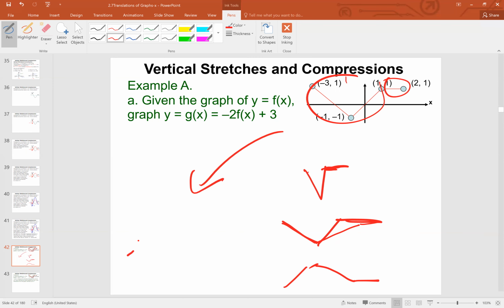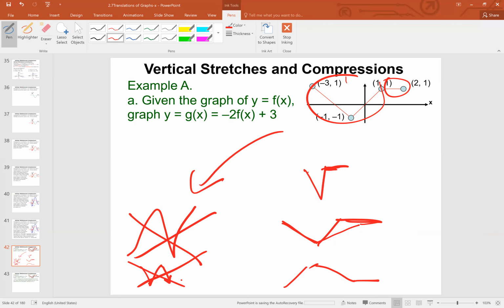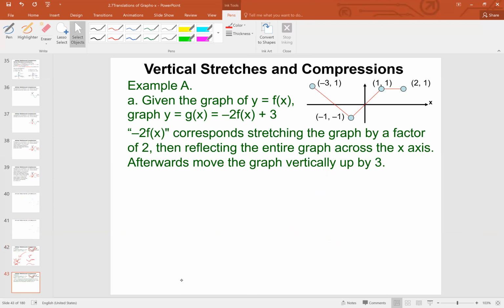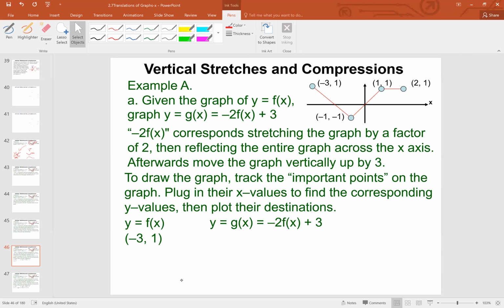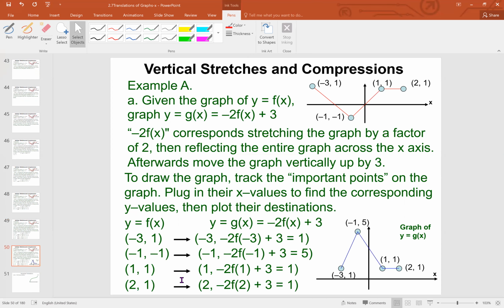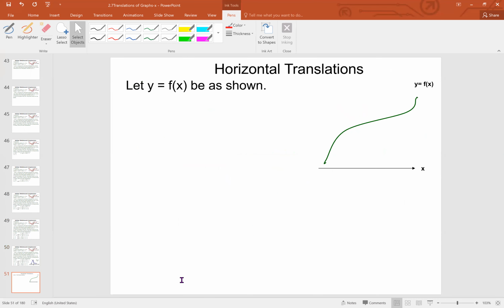It's not going to change into something that goes like a V shape and then goes back down. So I'll let you go through and keep track of where each point translates to, and then we plot it, and this is the end result.